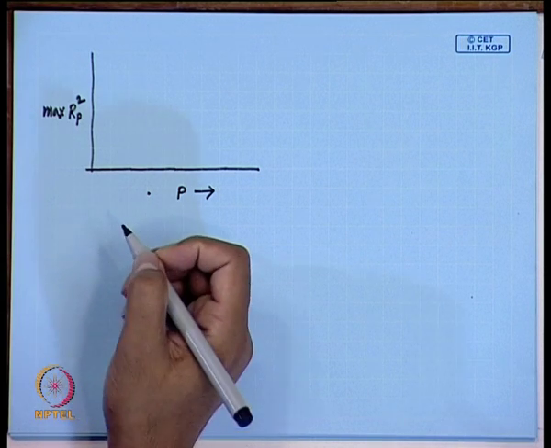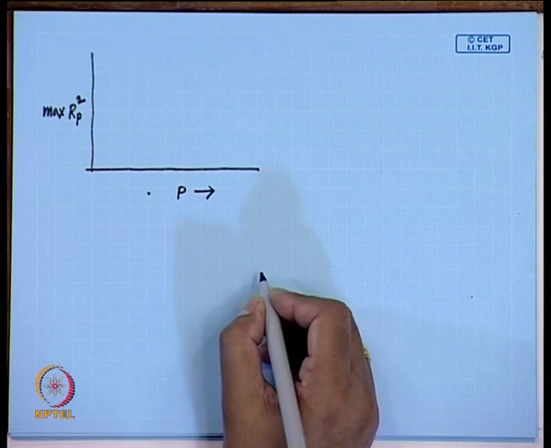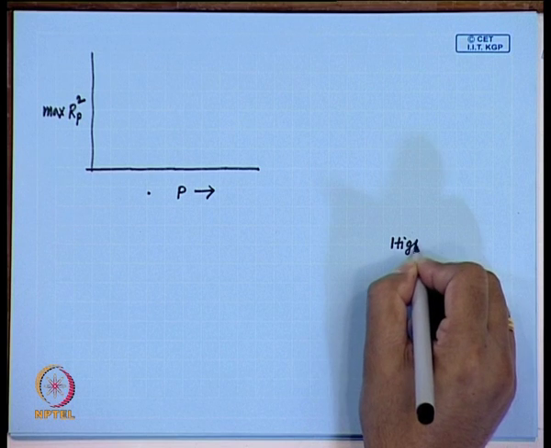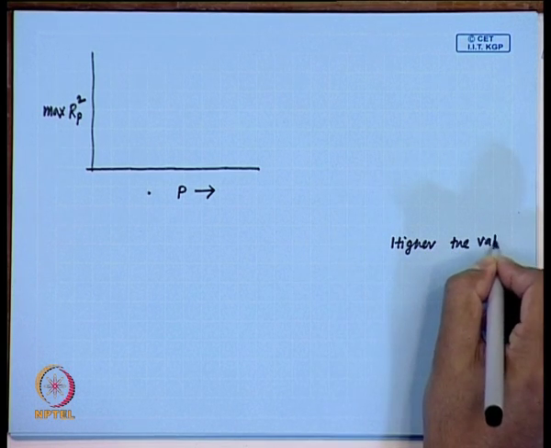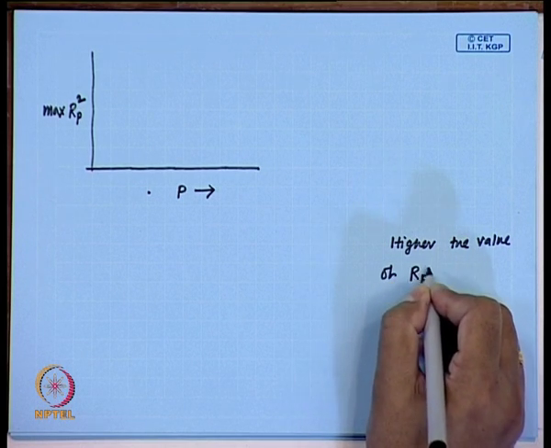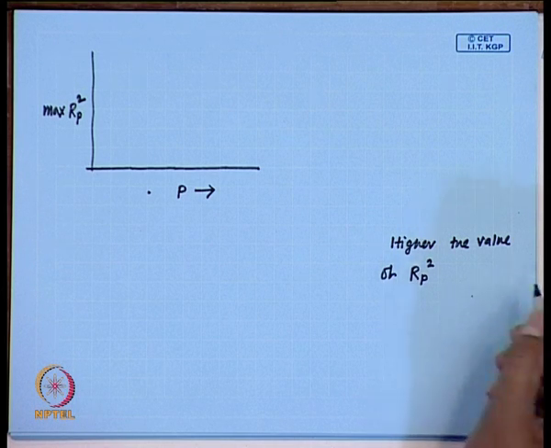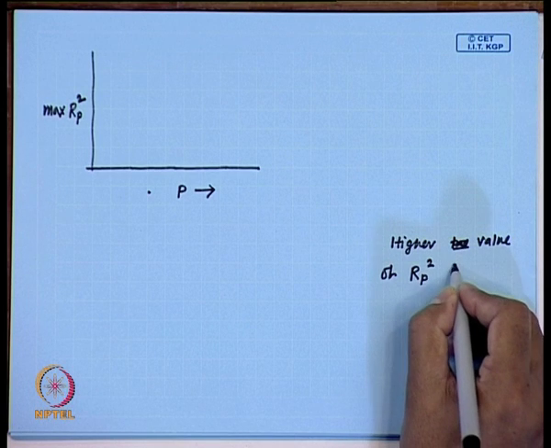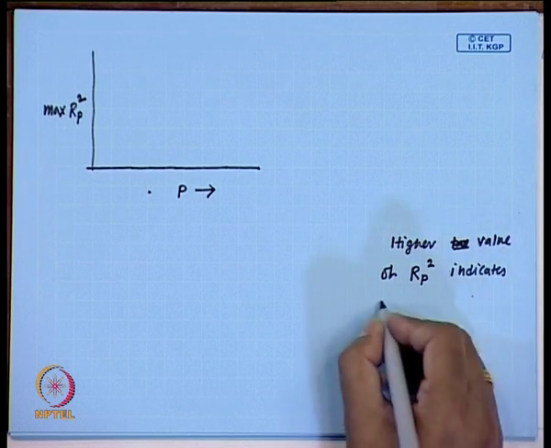Okay. I hope you have observed that the higher the value of R p square, the better the model is, or the higher value of R p square indicates better fit.